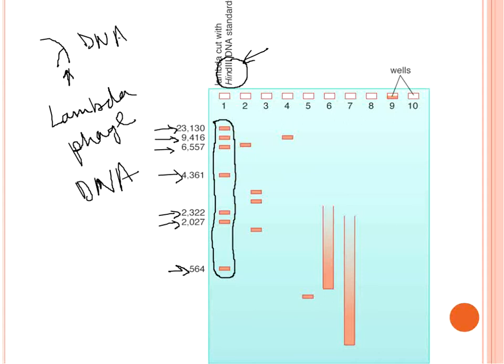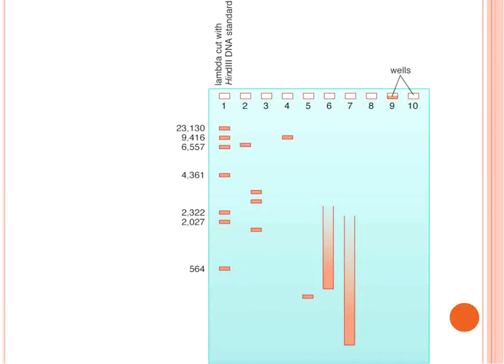So here are samples of your DNA. This might be uncut DNA, and this is the DNA that has been cut. Right? So sample 2 has uncut DNA in it. Sample 3 has DNA that has been cut. Right? So now what you can do is make a graph. And so on one axis you can plot the distance.